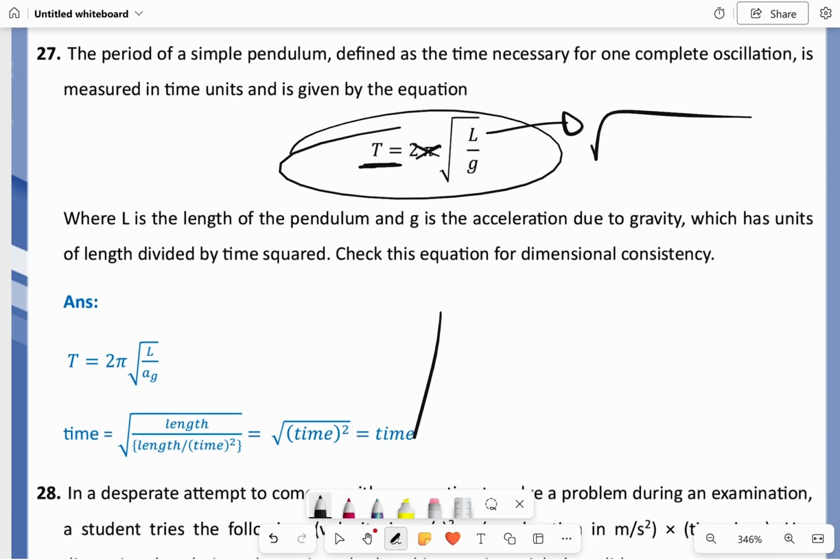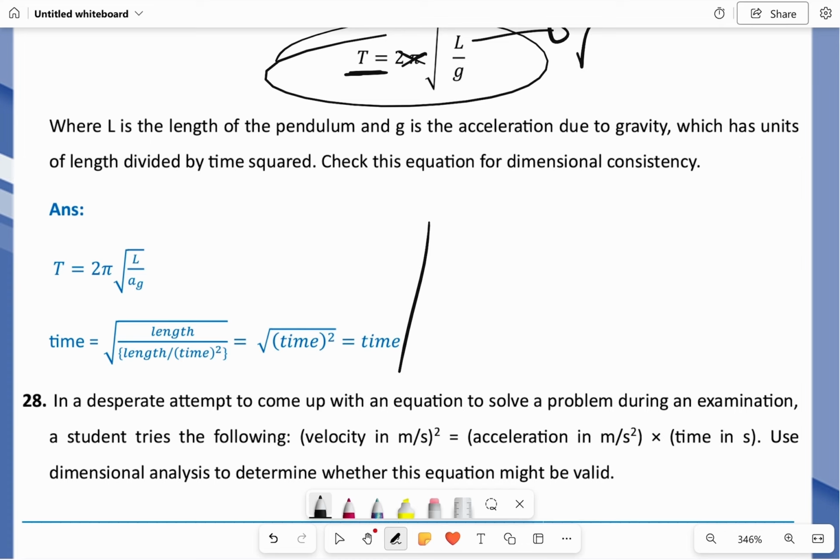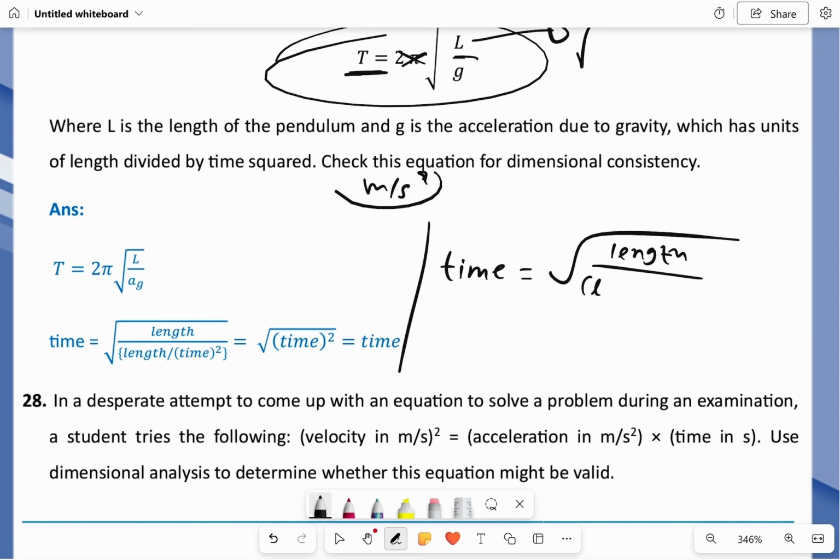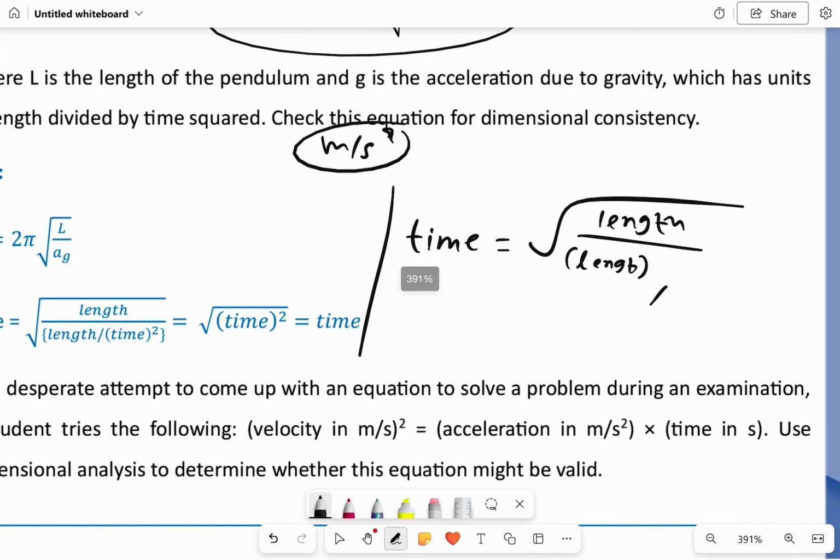Let me solve this again so you can better understand. So you have time is equal to, I said leave the 2 pi. Length is what? So you have length, this is L. Gravitational acceleration unit, you have length, because it's meter per second squared. So you'll see length divided by time squared.